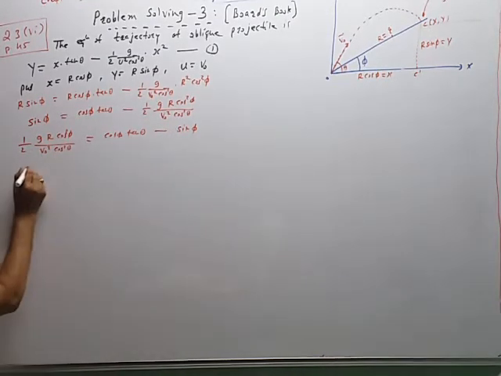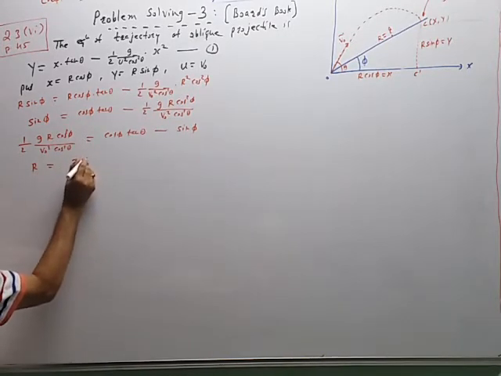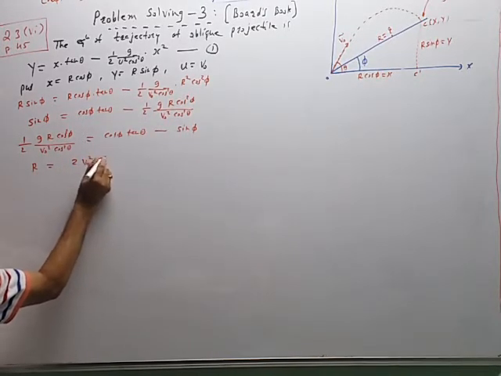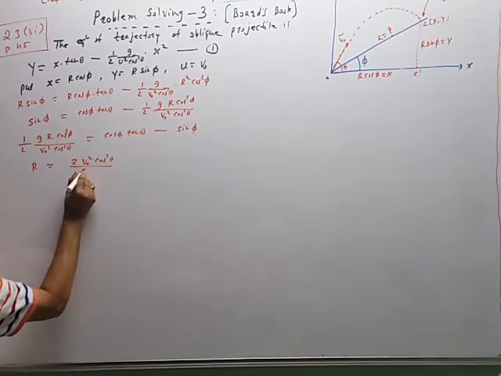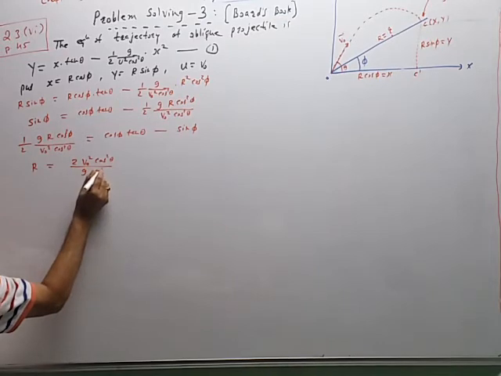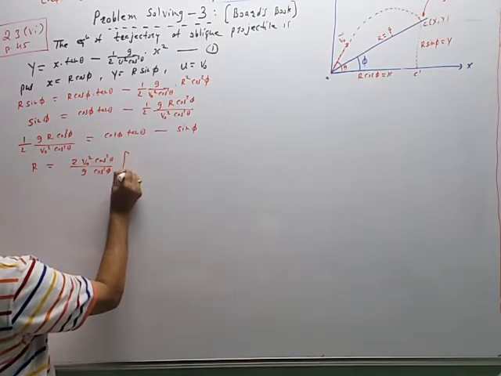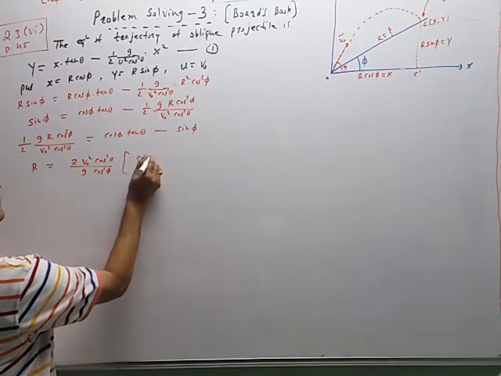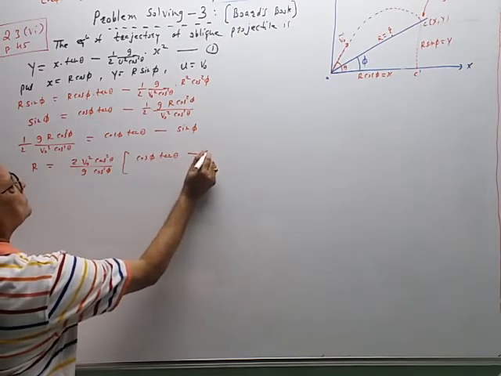We have to find r, and therefore r is equal to 2 v0 square cos square theta upon g cos square phi into the bracket cos phi tan theta minus sin phi.